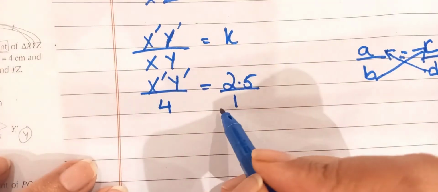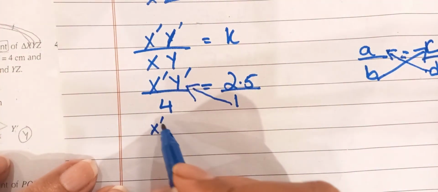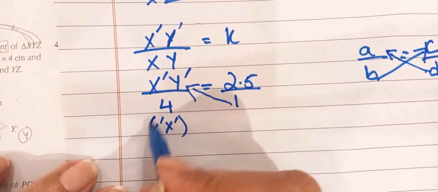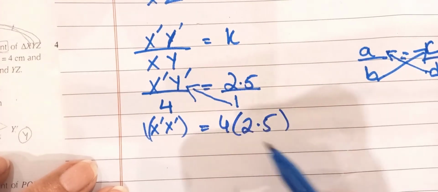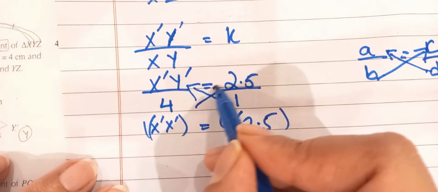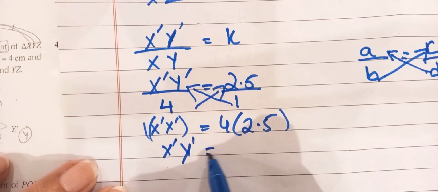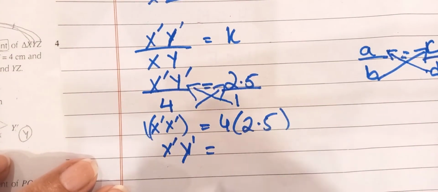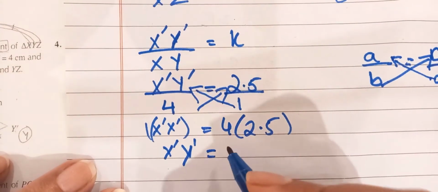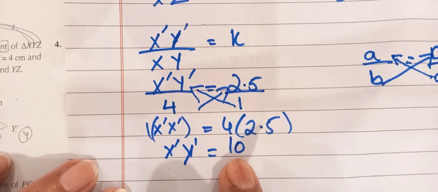So I shall cross multiply: x dash y dash into 1 is equal to 4 into 2.5. Multiplying, x dash y dash is equal to 10.